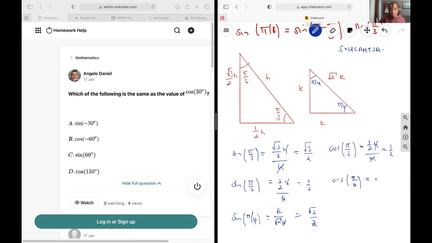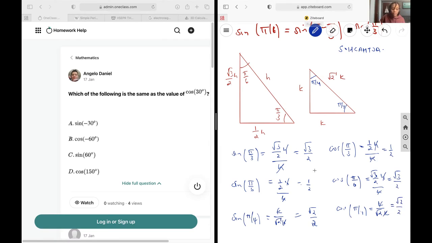Cos pi over 6 is going to be equal to root 3 over 2h over h, which is obviously root 3 over 2. And lastly, cos pi over 4 is going to be, again, k over root 2k, and that's just going to be root 2 over 2.